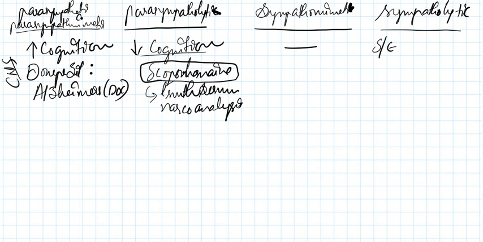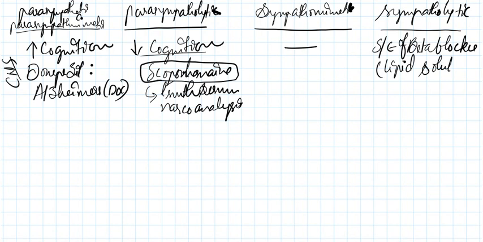Now, sympathomimetics we already discussed, there is nothing much, but sympatholytic drugs, those are beta blockers, cause side effects regarding the CNS, because they cross the blood brain barrier since they are lipid soluble.